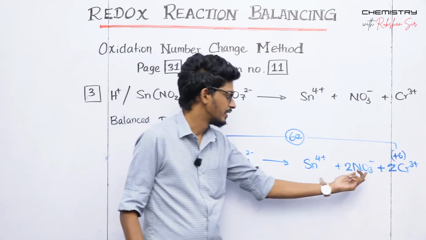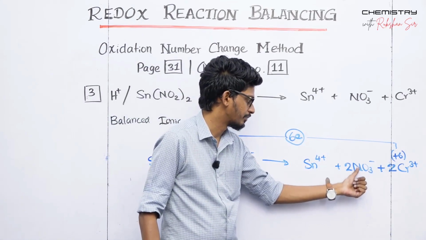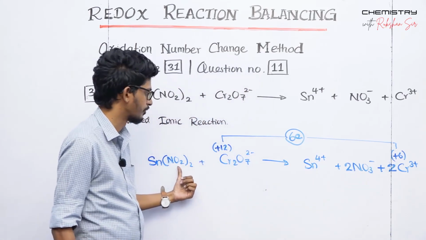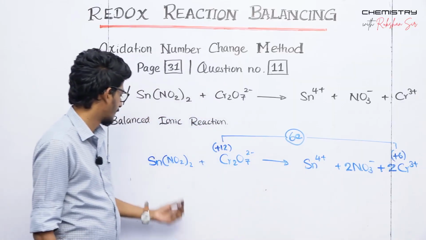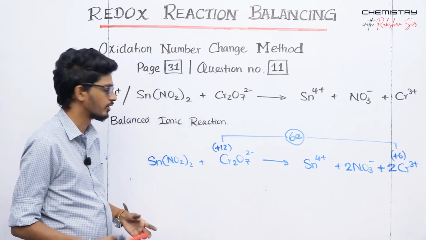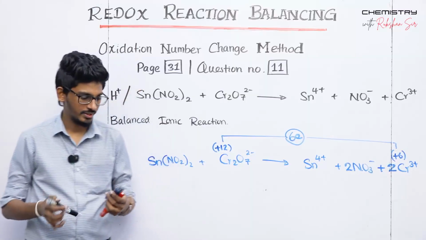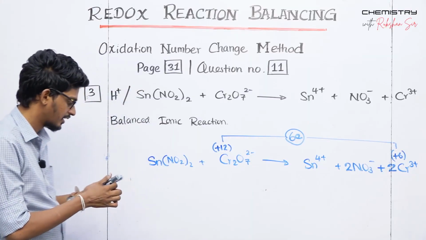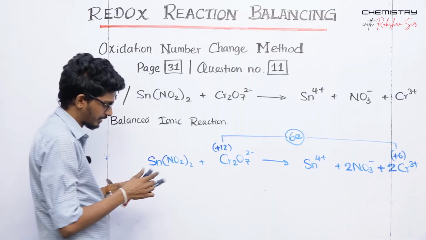And here the nitrate is with plus 5 oxidation state. So plus 3 has oxidized to plus 5. Plus 2 here, tin oxidized to plus 4. So 2 atoms get oxidized in this case, right? So the special balancing technique should be used, right? So let's balance the stuff, right?